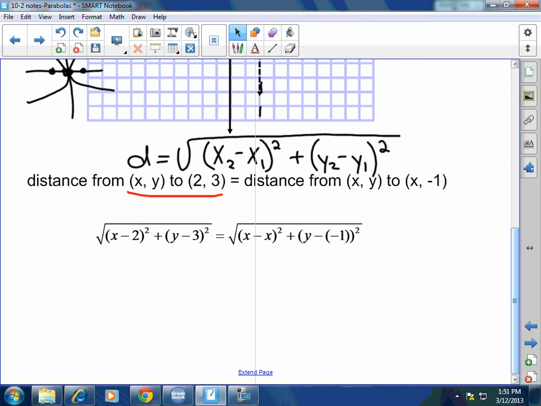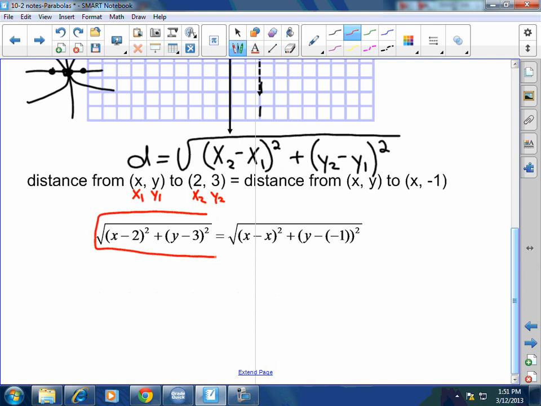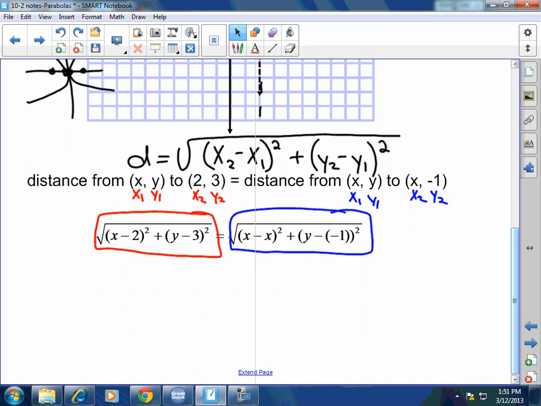I've got x minus 2. Let me label this for you guys so you can keep up. This is x1, y1, x2, y2, for this first equation right here. This is x1, y1, x2, y2, for this equation right there. Okay? So I've got (x minus 2) squared.